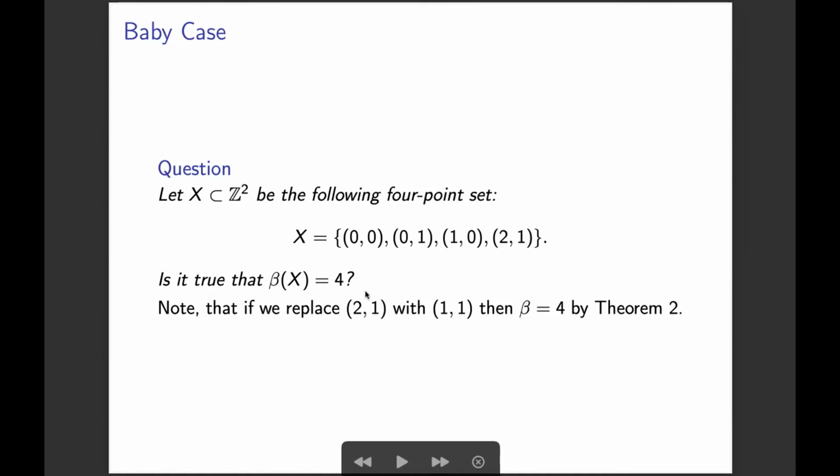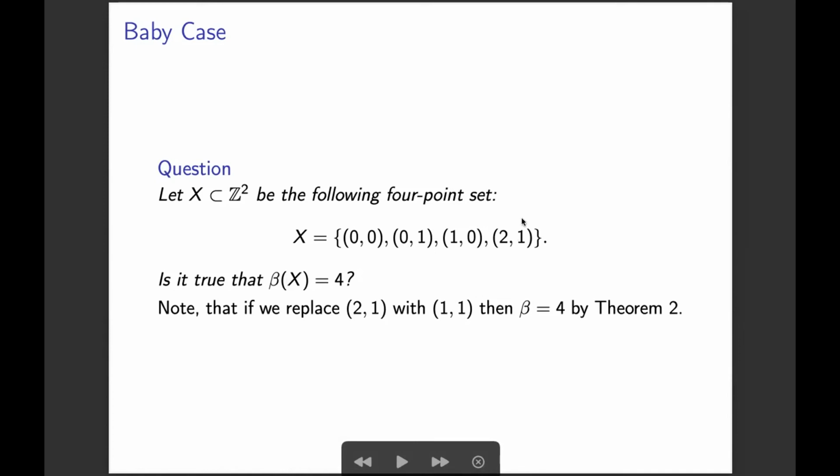Note that if we replace the last point with (1,1), that's going to be just a cube. And for cubes, we know that it must be equal to 4. But since this (2,1) is like a random fourth point, can it actually make this beta smaller?